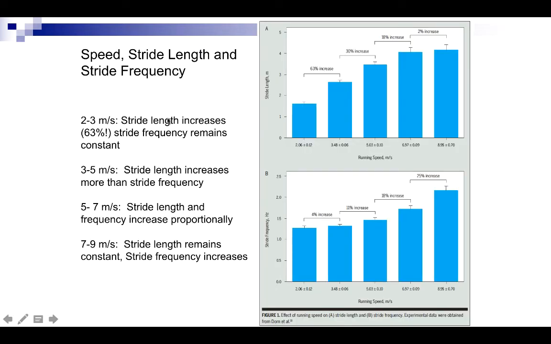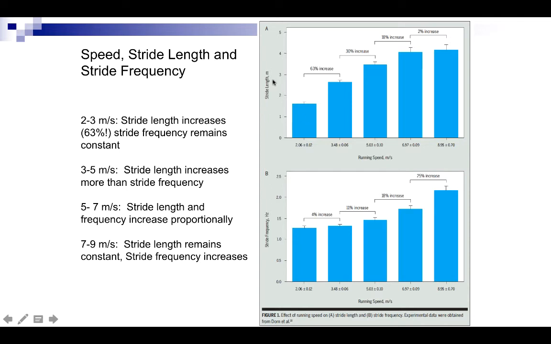So the second part of this is asking the question: there are two real strategies to increasing speed, and this is addressed by an article in JOSPT that was recently published. These graphs are taken from that paper.